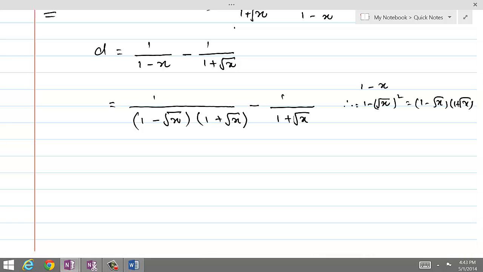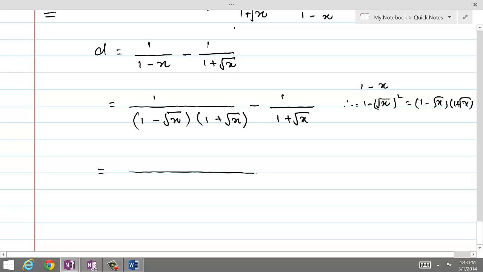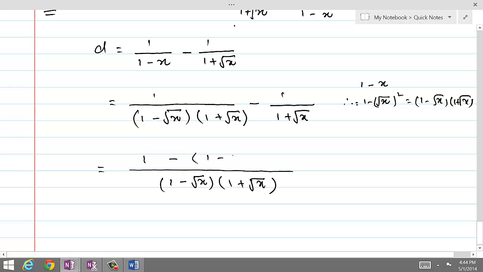Now if we take LCM, that would be 1 minus under root x times 1 plus under root x, and both of these will get cancelled, leaving behind 1, and for the second fraction, minus 1 plus under root x will get cancelled and we will be left with 1 minus under root x.